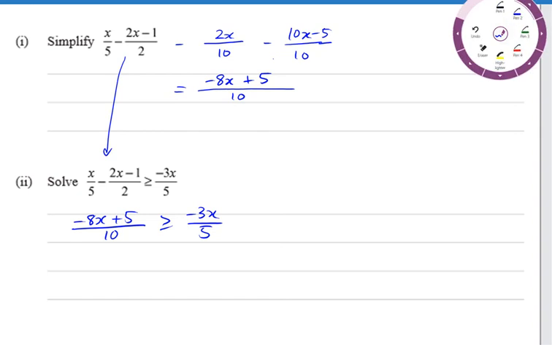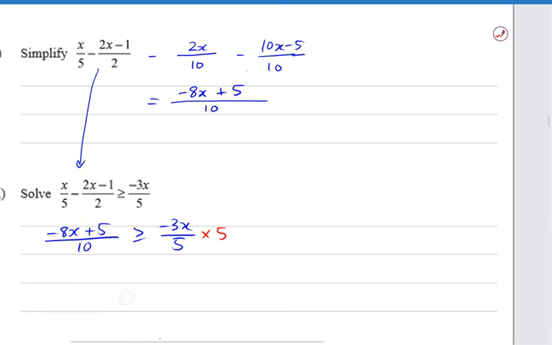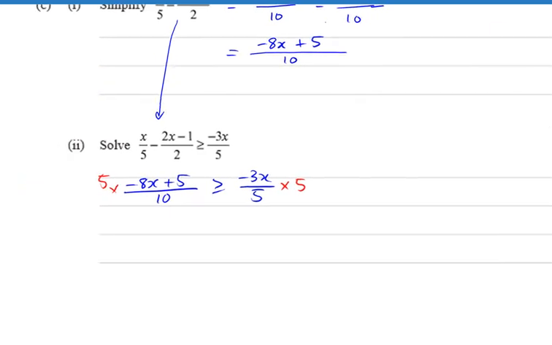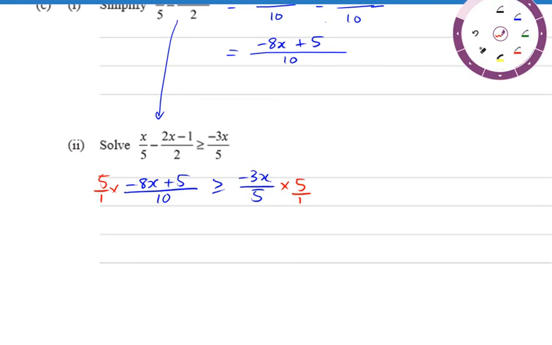So my first step of working here is I'm going to multiply both sides by 5. When I'm timesing a fraction by 5, I also need to remember that it's like I'm timesing it by 5 over 1. Okay, so that just reminds me that I'm timesing top with top and bottom with bottom.